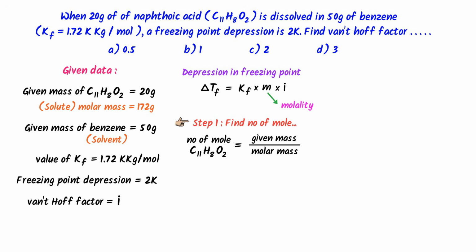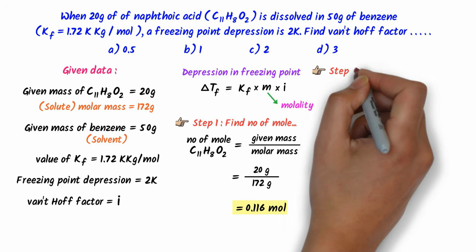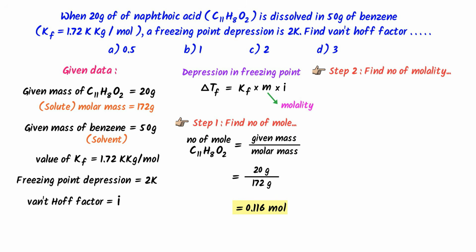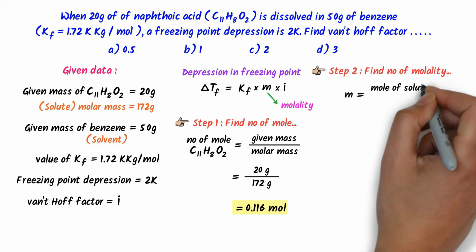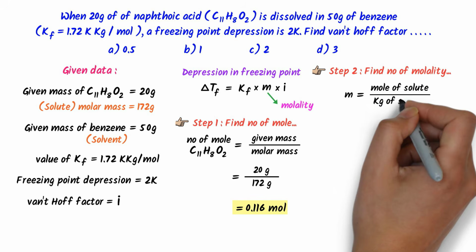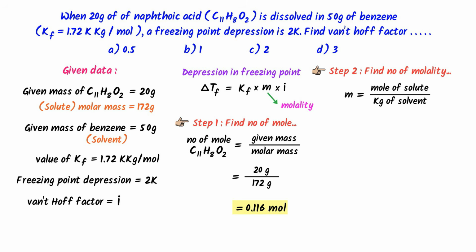I write the number of moles of naphthoic acid is equal to given mass upon molar mass. The given mass of naphthoic acid is 20 gram and its molar mass is 172 gram. After calculation, I get 0.116 mole. So the number of moles of naphthoic acid is 0.116. In the second step, I find molality. We know that molality m is equal to moles of solute upon mass in kg of solvent.